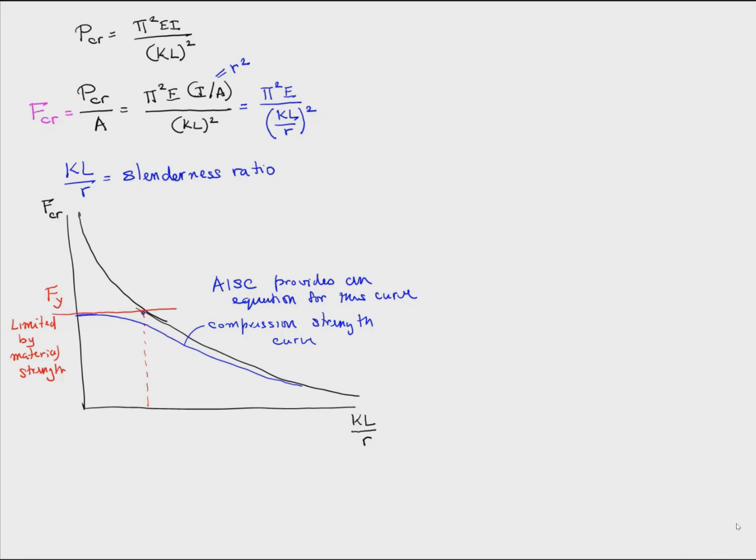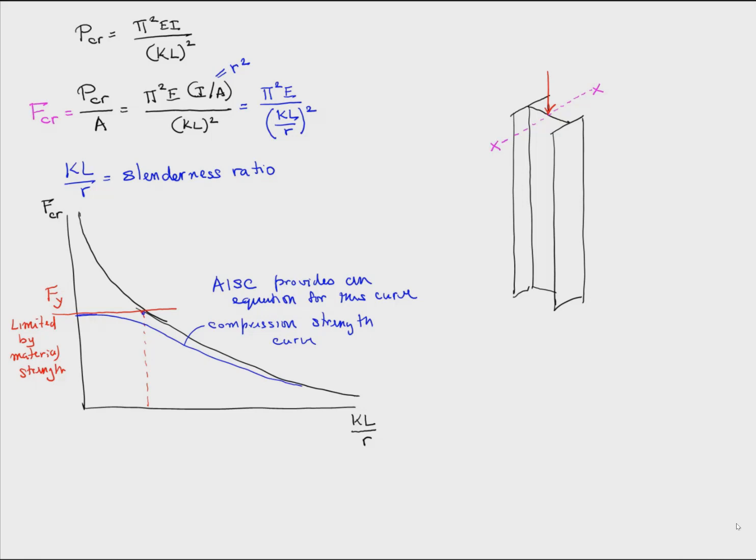Another point to note is if you have, for example, a column made out of an I section, with the compressive load applied, for bending about this axis, the moment of inertia is larger. So this is the XX axis.